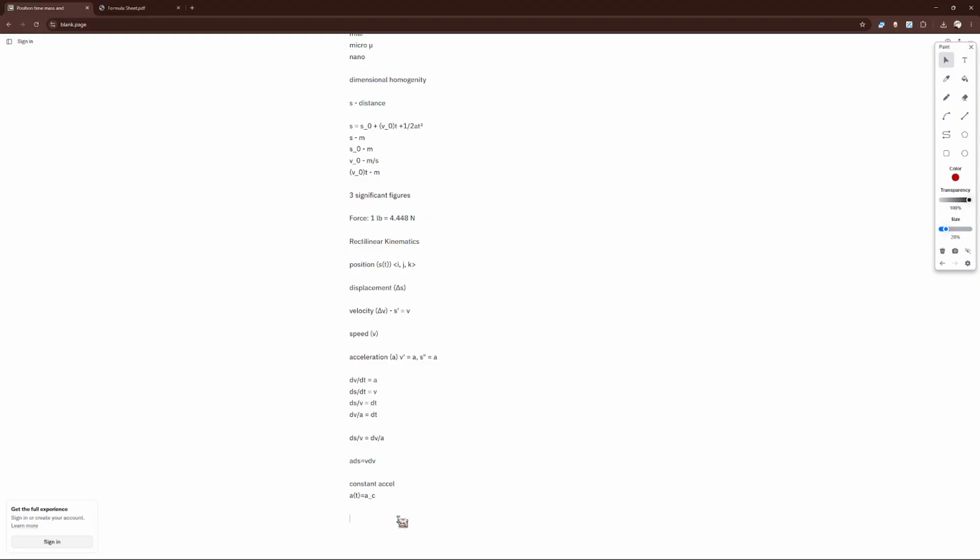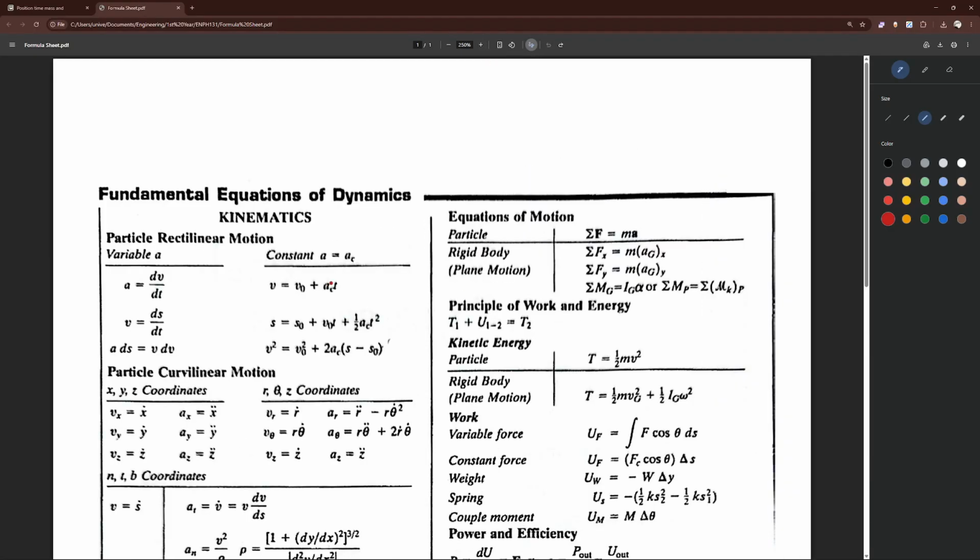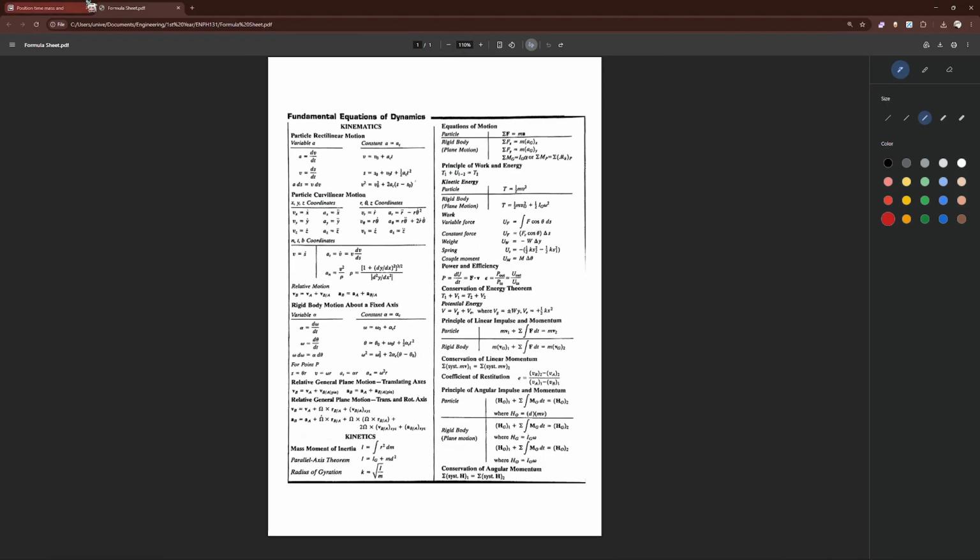So the first one, and just for a quick distinction here, because I don't want to keep writing subscripts and stuff, I'm going to put a slash next to something if it means not. You see here, this is v naught. I'm going to write that as v slash because I don't want to write sub 0 every single time.